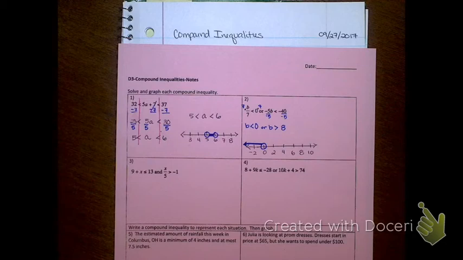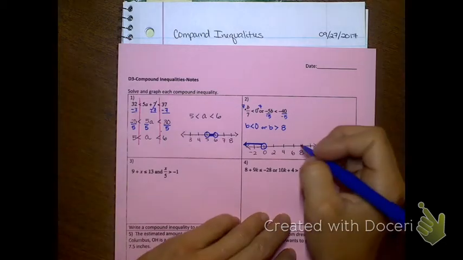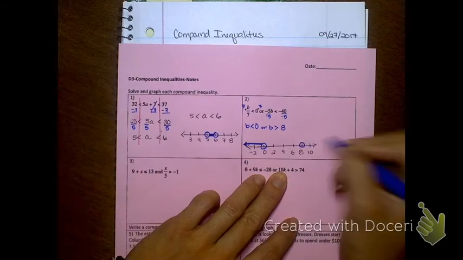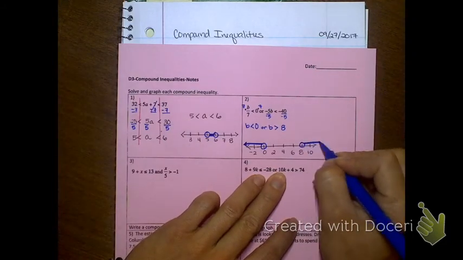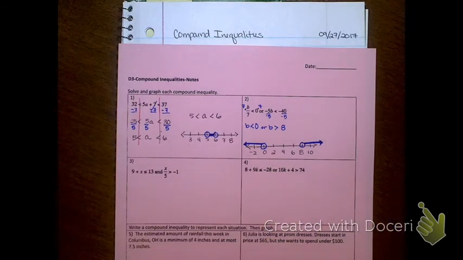B is greater than 8. Open or closed circle? Open. Shading to the right or to the left? To the right, because it's greater than. Okay. So there's what my inequality looks like.